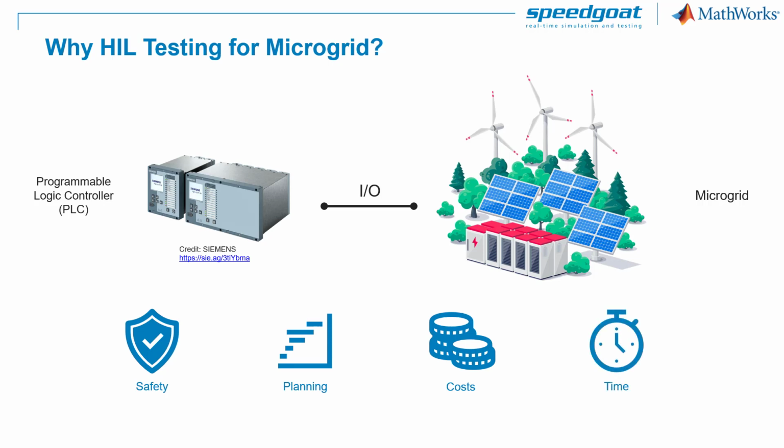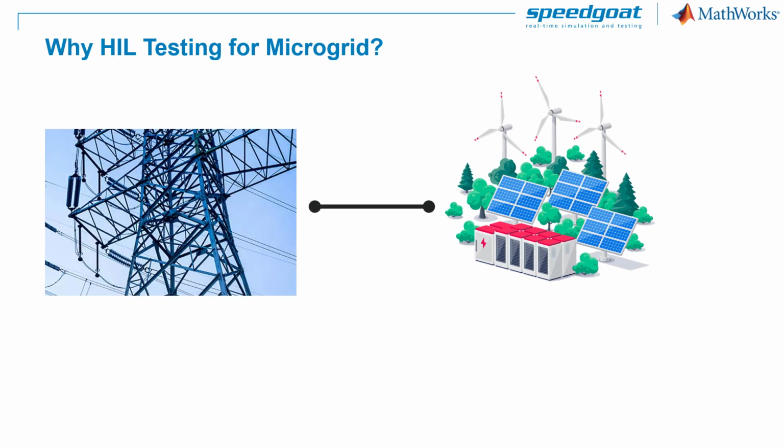On top of that, although those questions may apply to all different industries, for microgrids, these questions are even more important and necessary. This is because of the complexity and the uniqueness of microgrids.